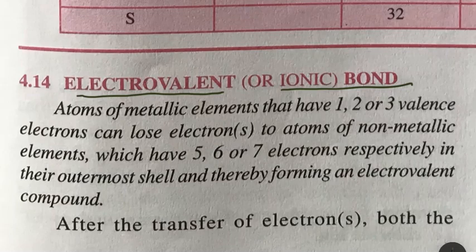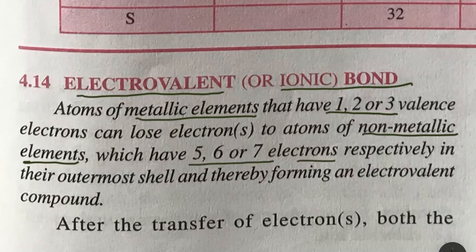So atoms of metallic elements, remember children, have 1, 2 or 3 valence electrons. That means electrons in the outermost orbit. So they can easily lose 1, 2 and 3 electrons to atoms of non-metallic elements. Remember children, non-metallic elements have 5, 6 or 7 electrons in the outermost shell, and therefore they form an electrovalent compound.